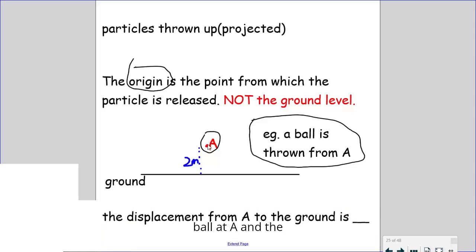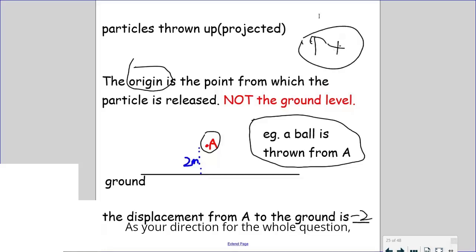So let's say you throw a ball at A, and the ground is 2 meters below. So the displacement of A from the ground would be -2. This is assuming that you've taken positive as your direction for the whole question. Because the ground is below A, it's going to be negative, and because the distance was 2 meters, you would put -2.